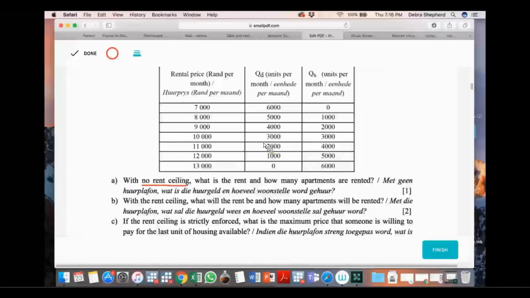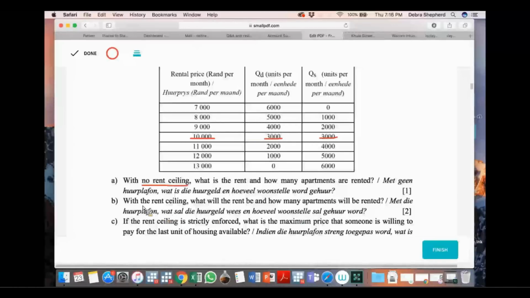So what we need to look for is a price at which quantity demanded and quantity supplied are the same. So with no rent ceiling, the rental price is going to be 10,000 units, and 3,000 units are going to be bought and sold every month. So that answer is pretty straightforward.